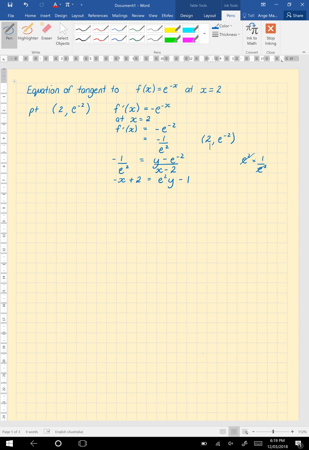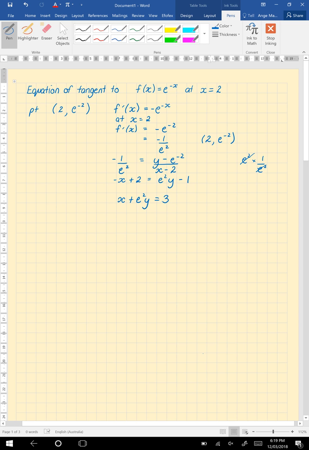So if we go into general form, the x goes on the other side. So that'll be x plus e squared y. Minus 1 joins the 2, so it becomes plus 3, so it's equals 3.